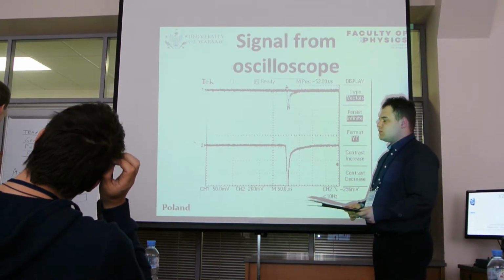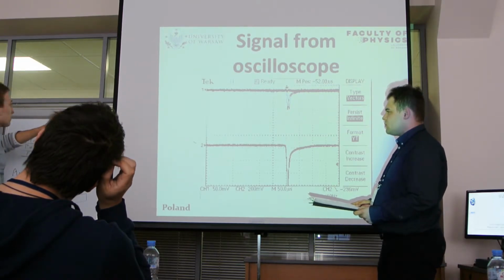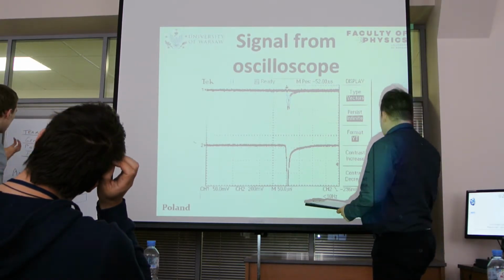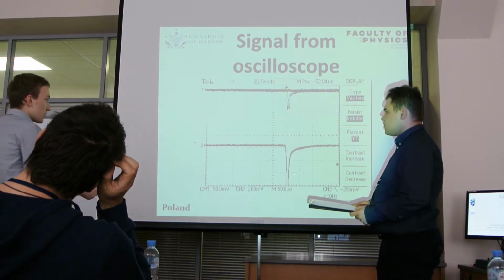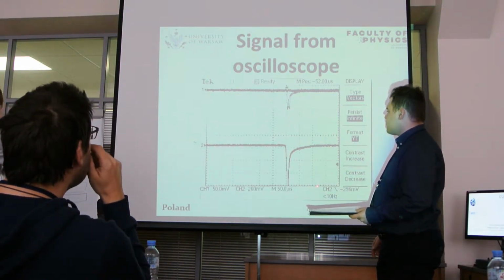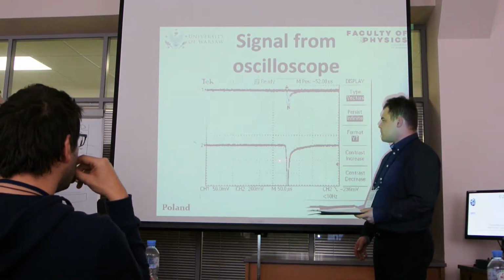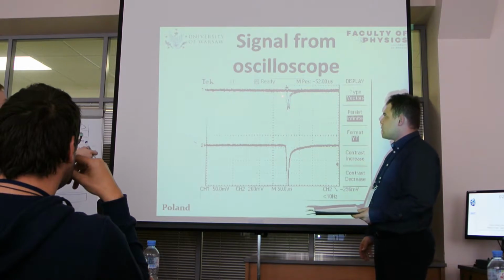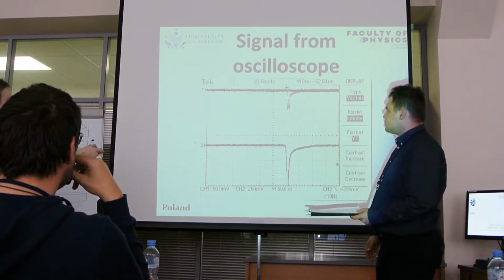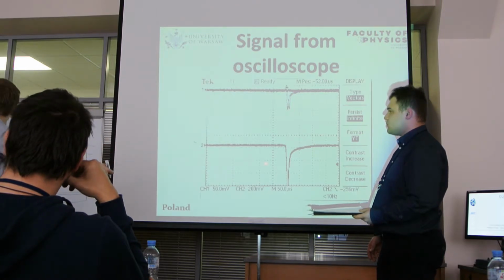So when do you count a detection? This is an example of a count. We count a signal as a valid detection if the signal was on both of the Geiger tubes at nearly the same time.